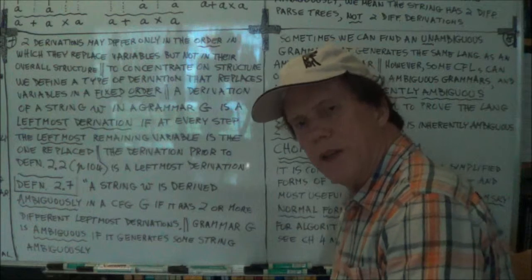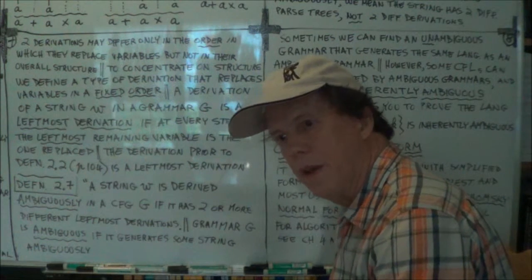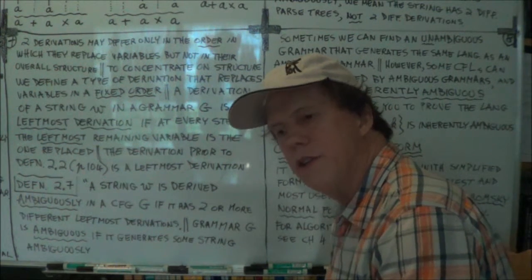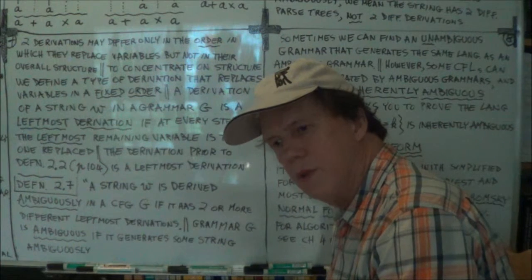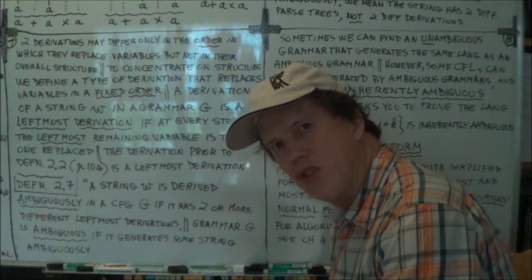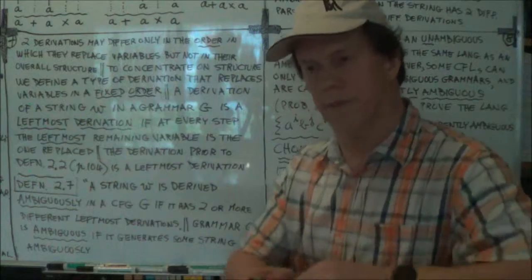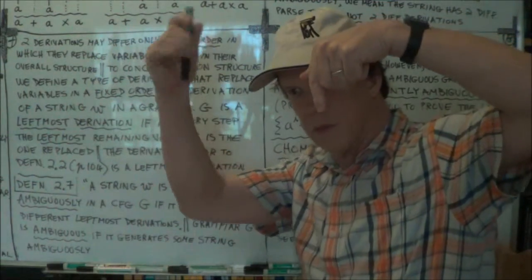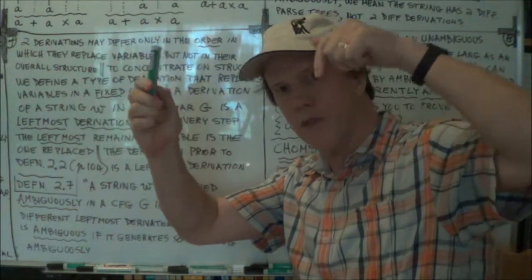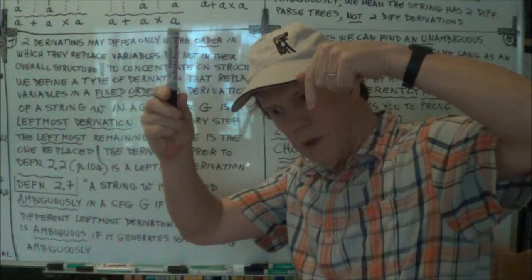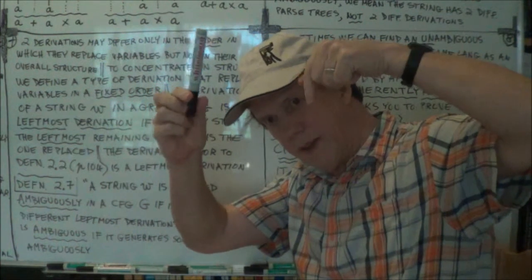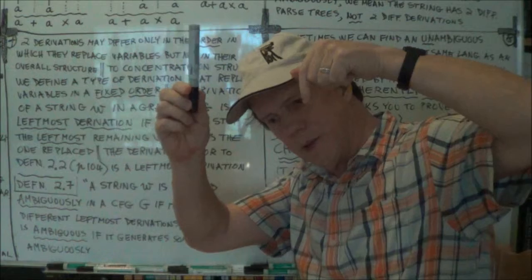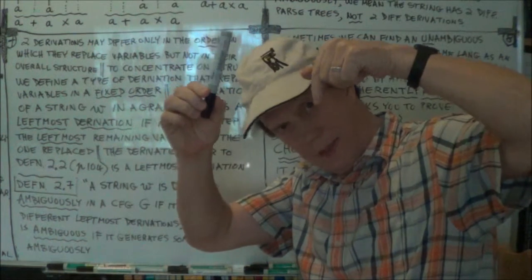So it's possible to get a different derivation with the same parse tree. For example, say, as in grammar G4, you had the variable expr, and you could replace that with the terminal A, let's say.